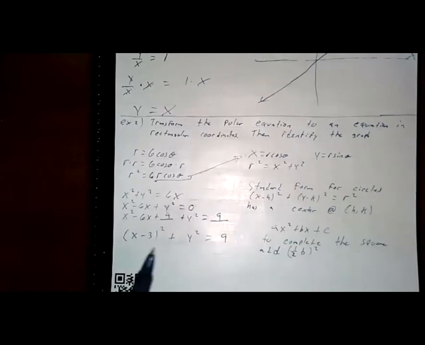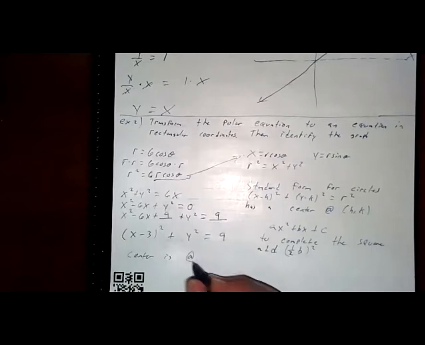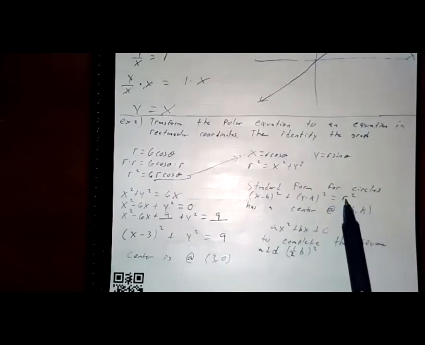Anyway, once it's in this form, you have the center. The center is at 3, 0, because there's no constant on this term. So it's a circle with radius what? What does the standard form tell you? It's equal to r squared, so this is the radius squared.